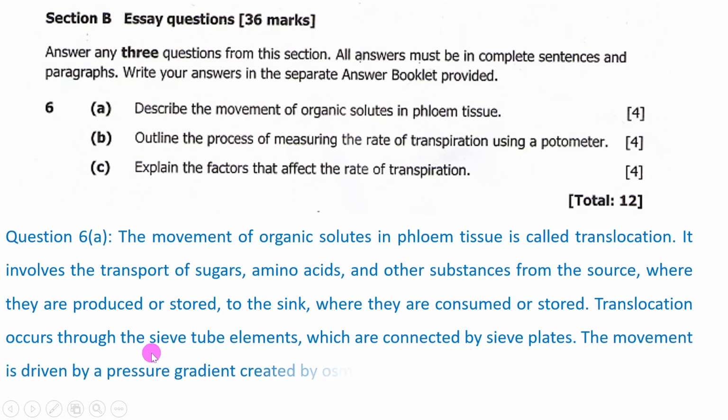Translocation occurs through the sieve tube elements, which are connected by sieve plates. The movement is driven by a pressure gradient created by osmosis and active transport. So this is how you should answer this. Read this, you will be able to understand, because the answers are very clear and straightforward.